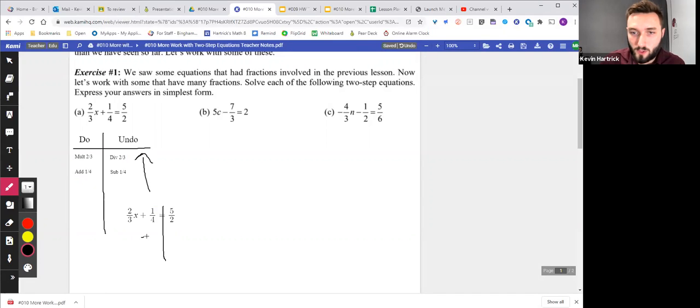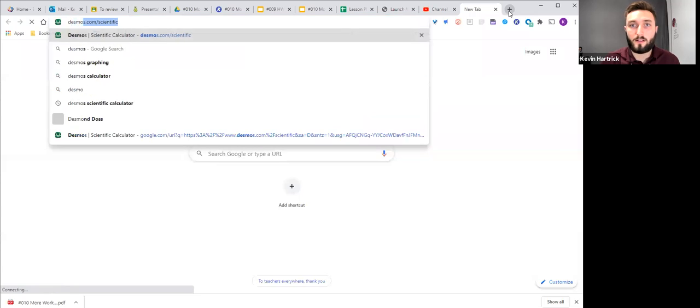Okay, so on our table, remember we go from top to bottom. So it tells us to subtract 1/4 first. So I'm going to do that to both sides, keeping my equation balanced. That cancels out because they are opposites. I have my 2/3 x left over here. Over here, I have 5/2, take away 1/4. So I'm going to pull up my decimals calculator.